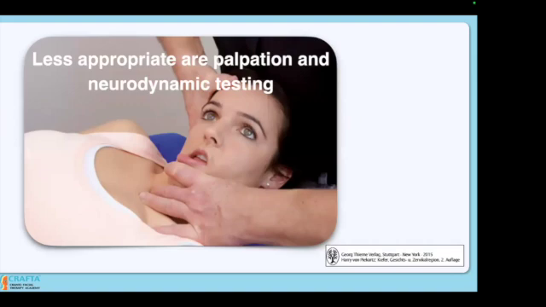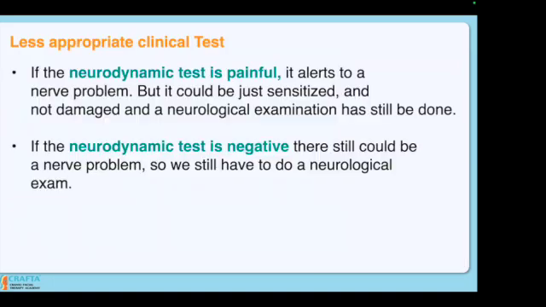So we are still in the MPSH at our first classification. We talked about neurological examination. That's a thing we can do. But less appropriate are palpation or neurodynamic testing. We can palpate nerves in the face, for instance, here on the mandibular nerve. We can do our neurodynamic test there. And that's less appropriate. Why?